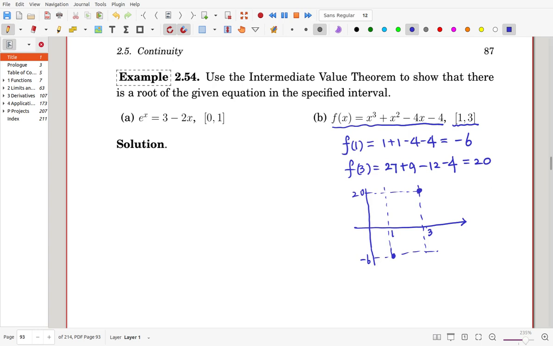Between 1 and 3, we don't know how many times it crosses; in fact, it's at most 3 times. But anyway, we don't know exactly how it is given.